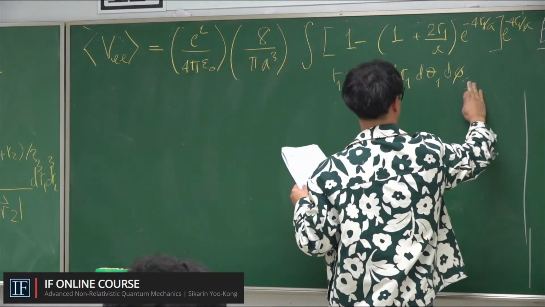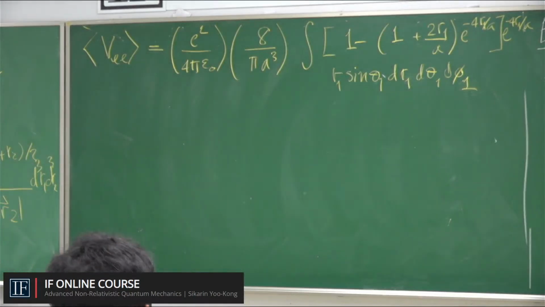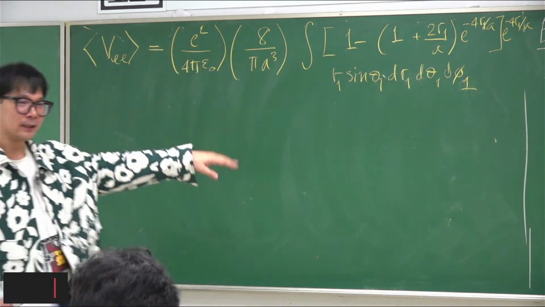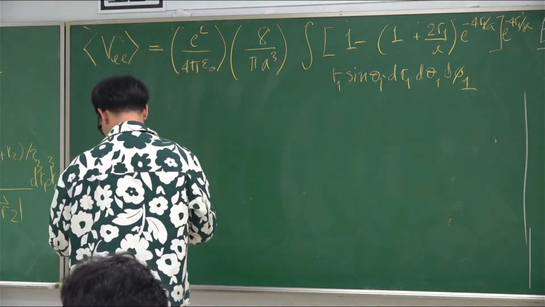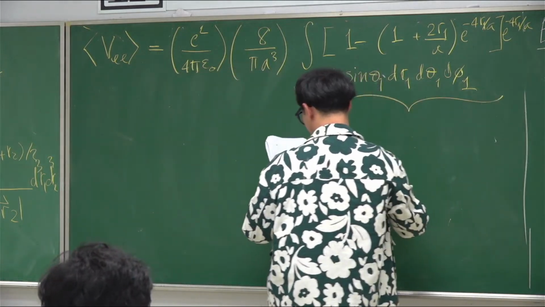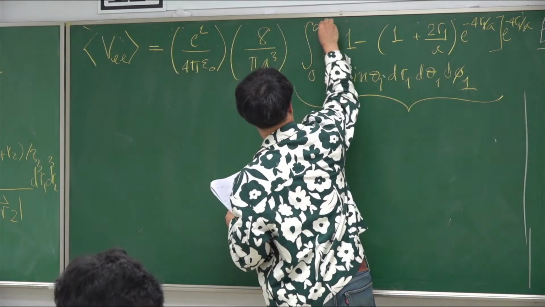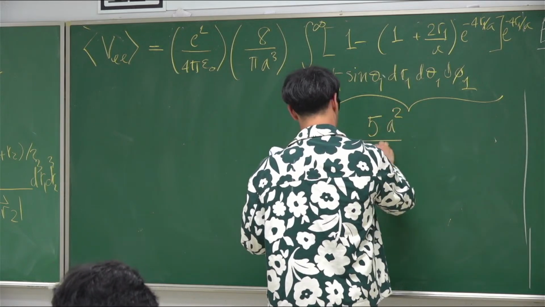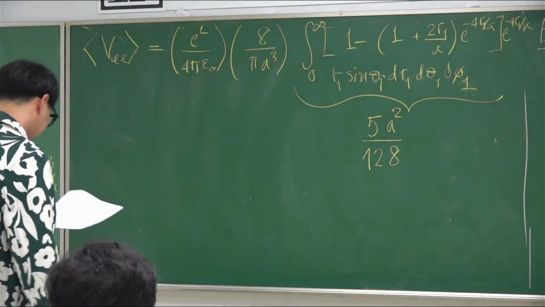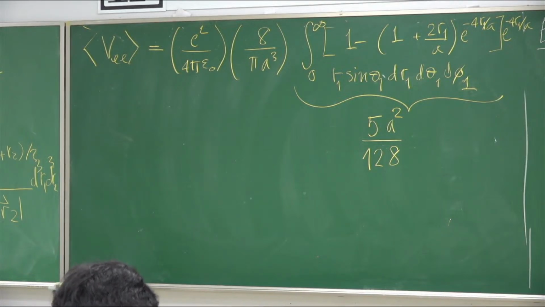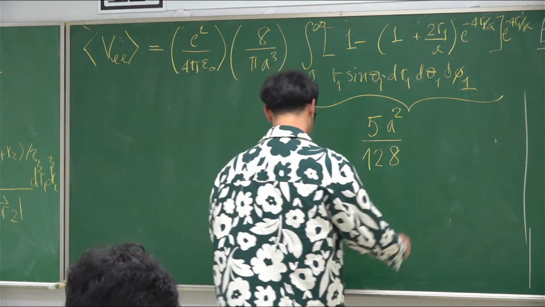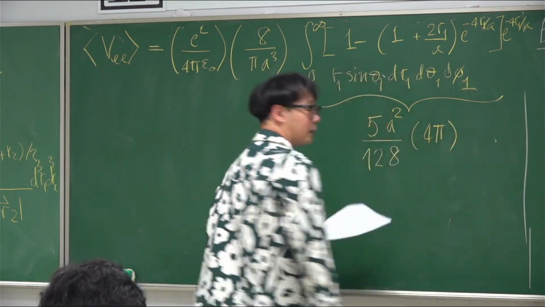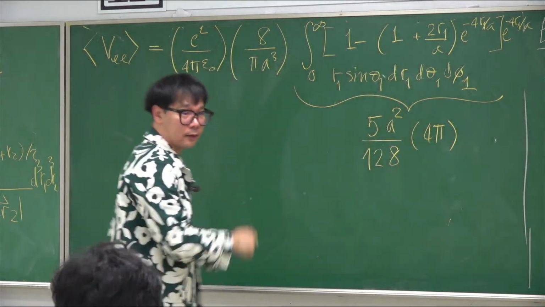Oh, sorry, it's this one. Yep. So what I did is I start to eliminate r2 first, and then you are left with only r1, and then this whole integration will give you this number, with 4 pi. 4 pi is coming from the angular part, okay?